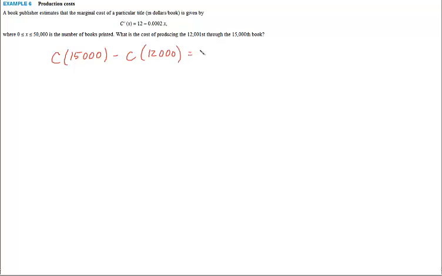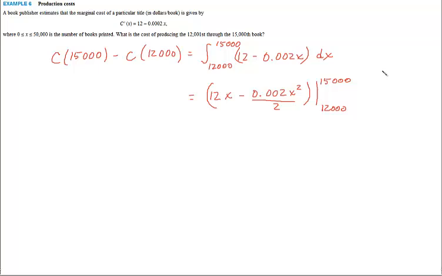So I'm going to integrate this thing from 12,000 to 15,000, and they give me the formula. It is 12 minus 0.002x dx, and what I'm going to do is integrate and crunch these numbers.